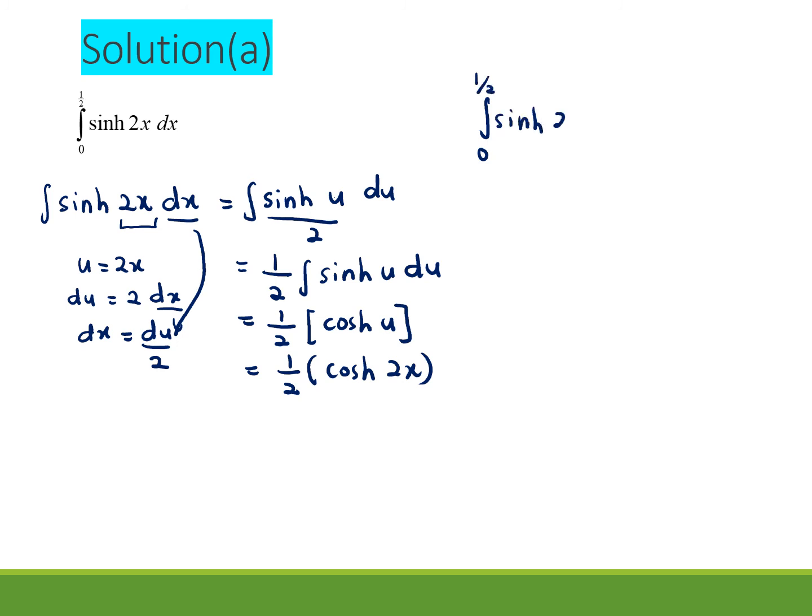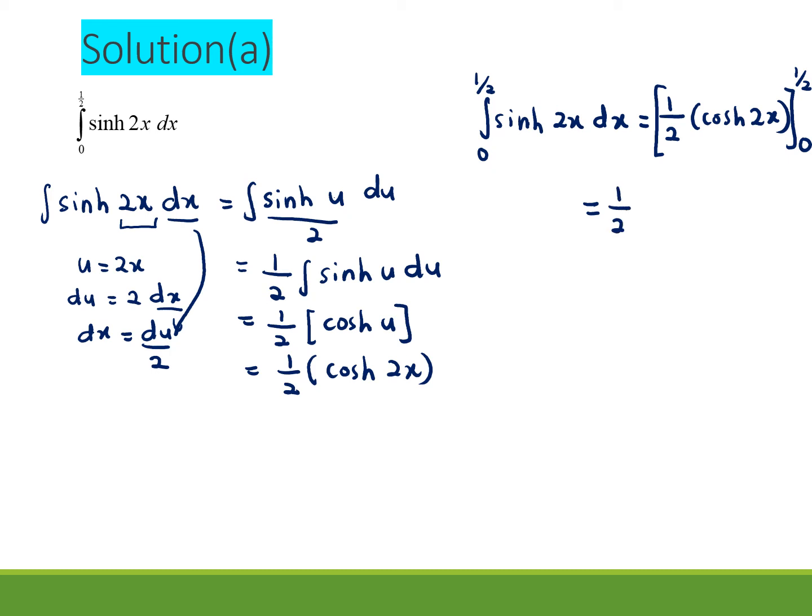The integral of sinh of 2x dx is equal to 1 over 2 cosh of 2x, where the interval is between 1 over 2 and 0. So we substitute x with 1 over 2 and 0.